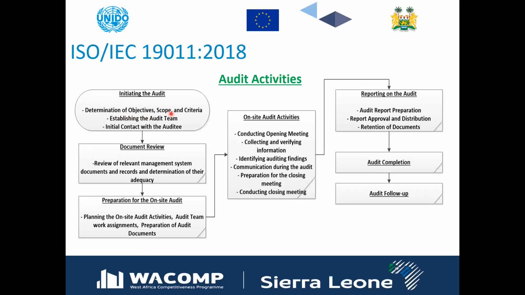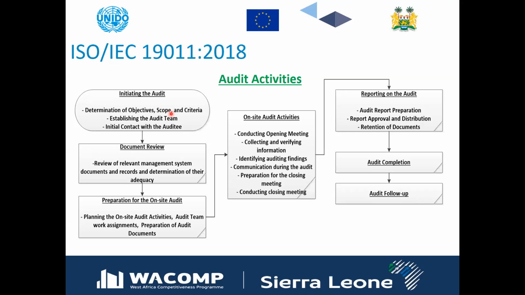Maybe the company has 10 different sites in 10 different locations, but they have decided to get certification for 5 sites. Then scope means you have to include those 5 sites in your audit plan. Basically, in this scope and criteria, we have to define these details about the ISO 9001 audit, and the boundaries of this audit.